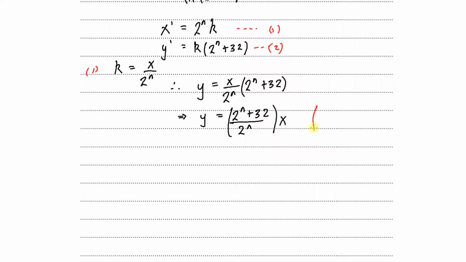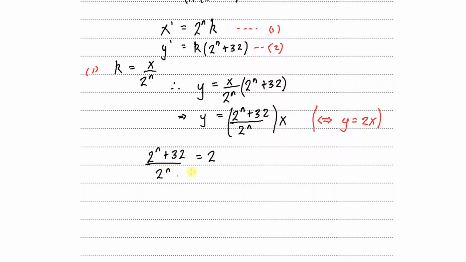That should be equal to y is equal to 2x, since according to the question, this line is invariant under the transformation. So we can safely say the line y is equal to 2x is equal to this line here. And this means that we can equate 2 to the power of n plus 32 over 2 to the power of n to 2 here.